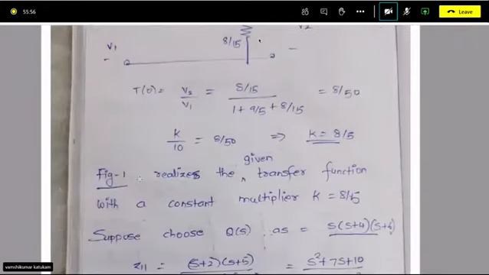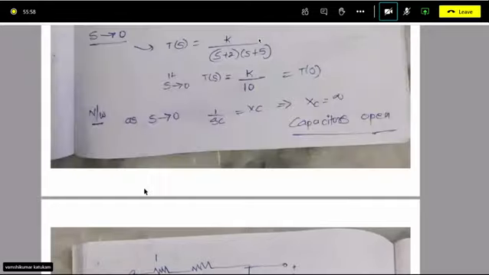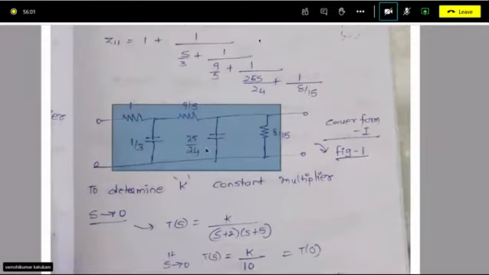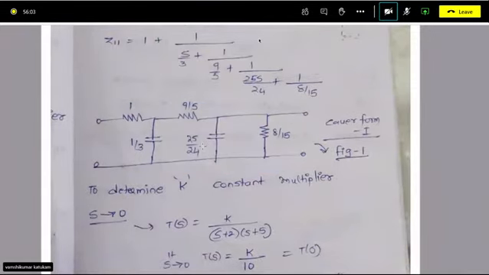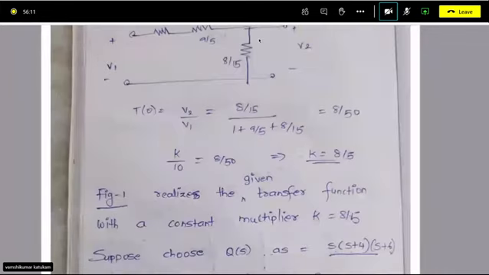So figure 1, what is figure 1? Figure 1 is this. Okay. So you can see figure 1 is this. So figure 1 realizes the given transfer function. Okay.